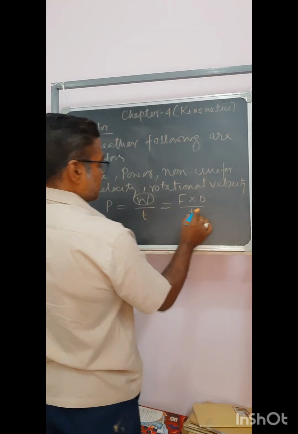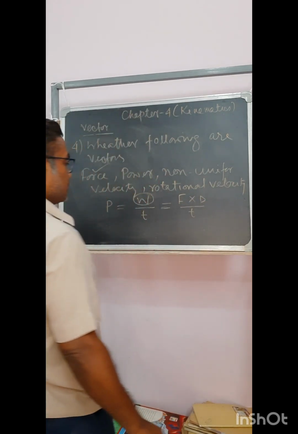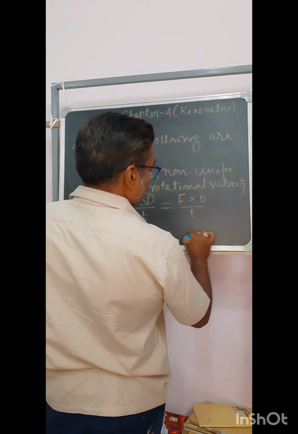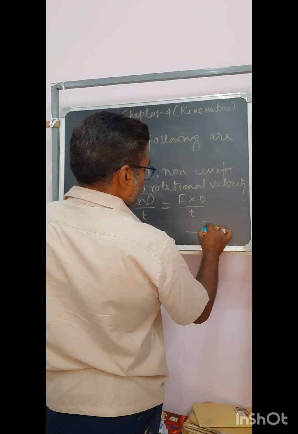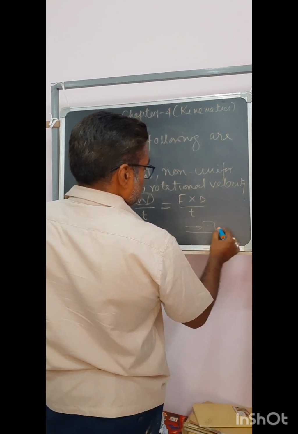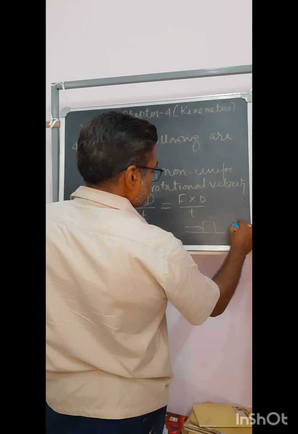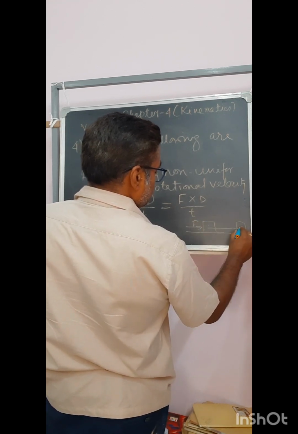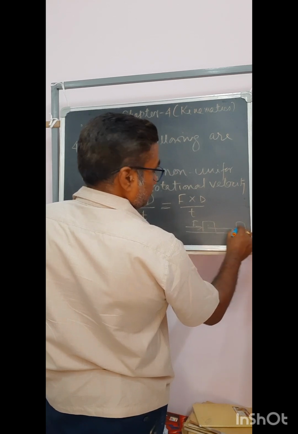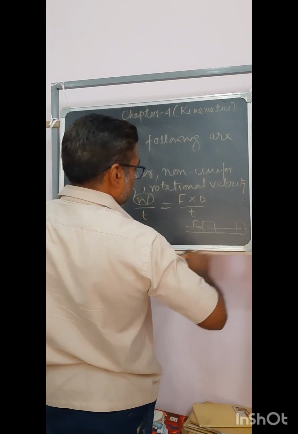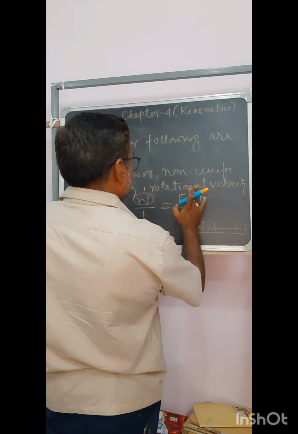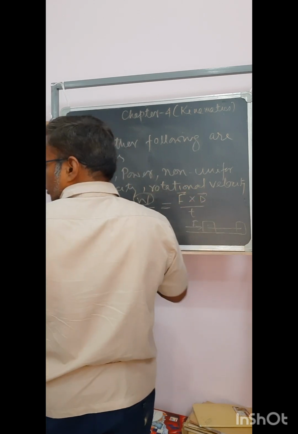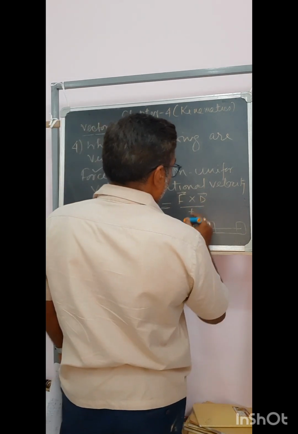Time is anyhow a scalar. When we apply force on any object, there could be a displacement. Let's say it has displaced this side. So the force and the displacement are in a linear path. They are collinear. So these two vectors come as a product which is a dot product.